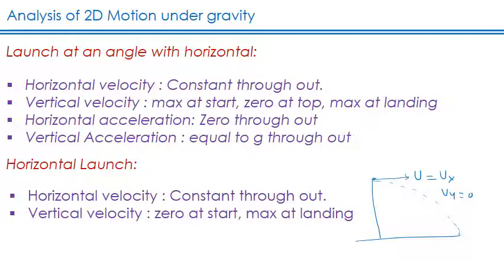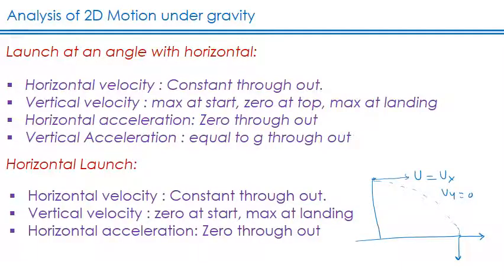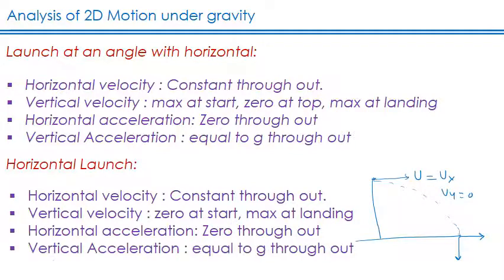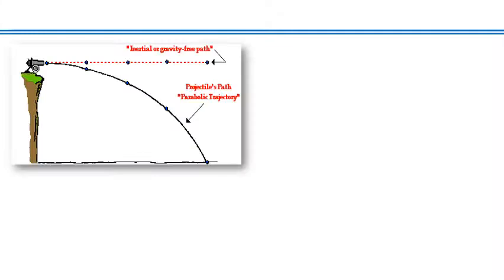Vertical velocity is 0 at the start and maximum at the time of landing. Horizontal acceleration is 0 throughout the motion, and the vertical acceleration is the same at all positions because the force acting on it is constant.